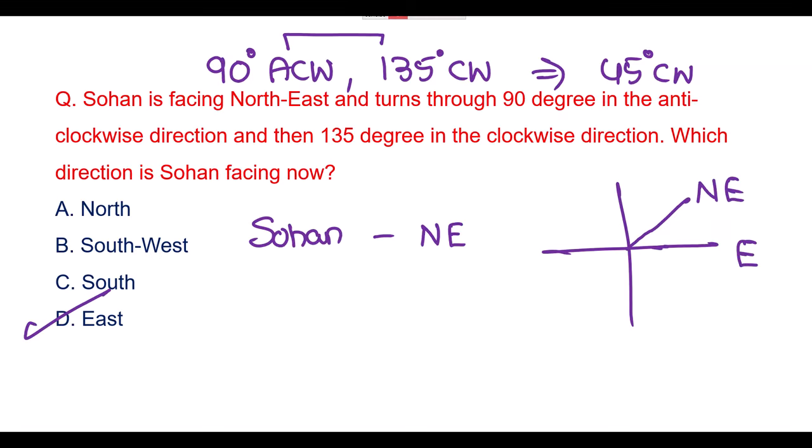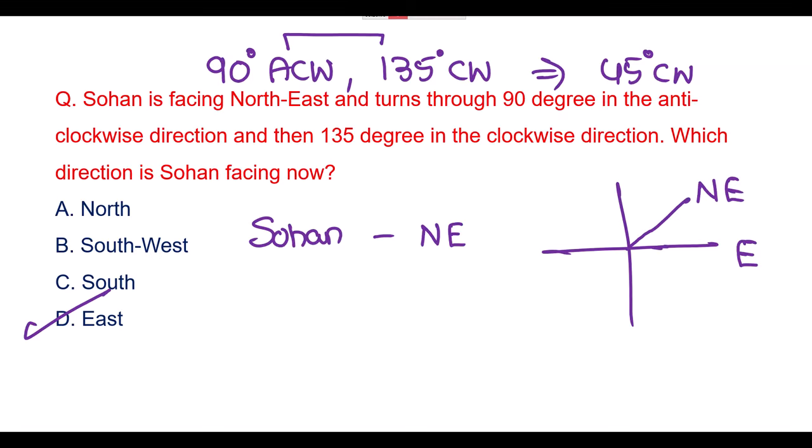Answer is east. Don't waste your time by analyzing individual. You can combine the effect. 90 degrees anti-clockwise, 135 clockwise, opposite. You can cancel. Why we taken clockwise? Which is more among that? Value more for clockwise. That's why we taken clockwise. We have to subtract that because it's opposite. We are going 5 steps front, coming 3 steps back. Means you are only 2 steps distance. It's as simple as that.